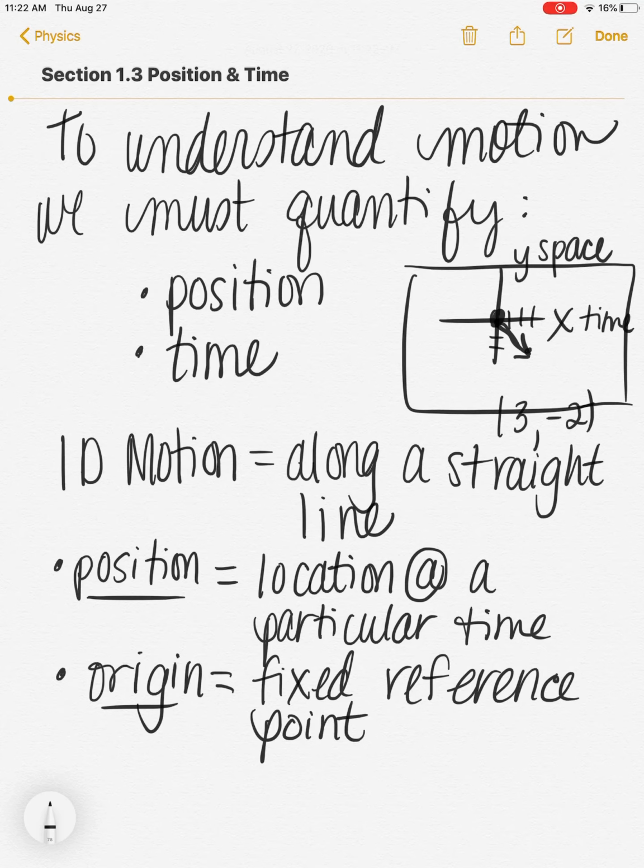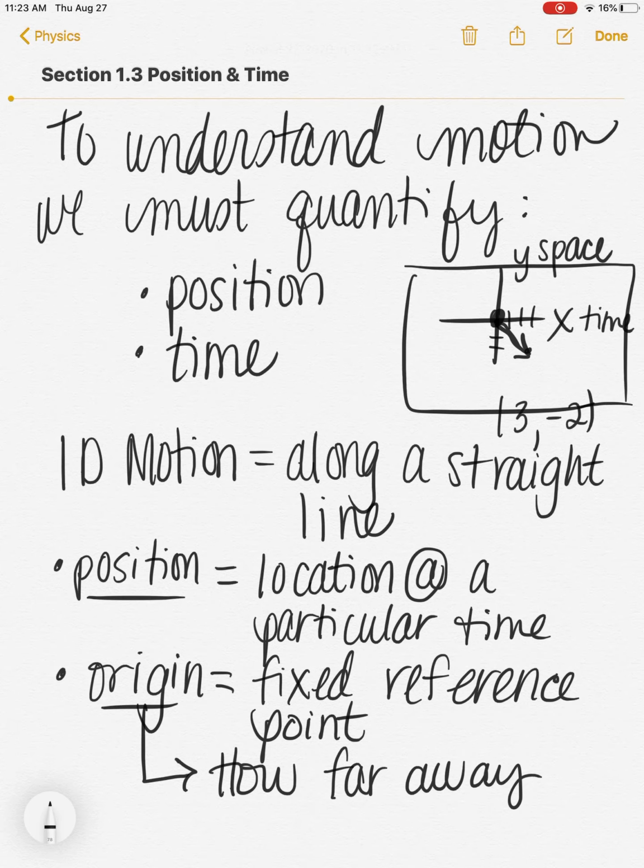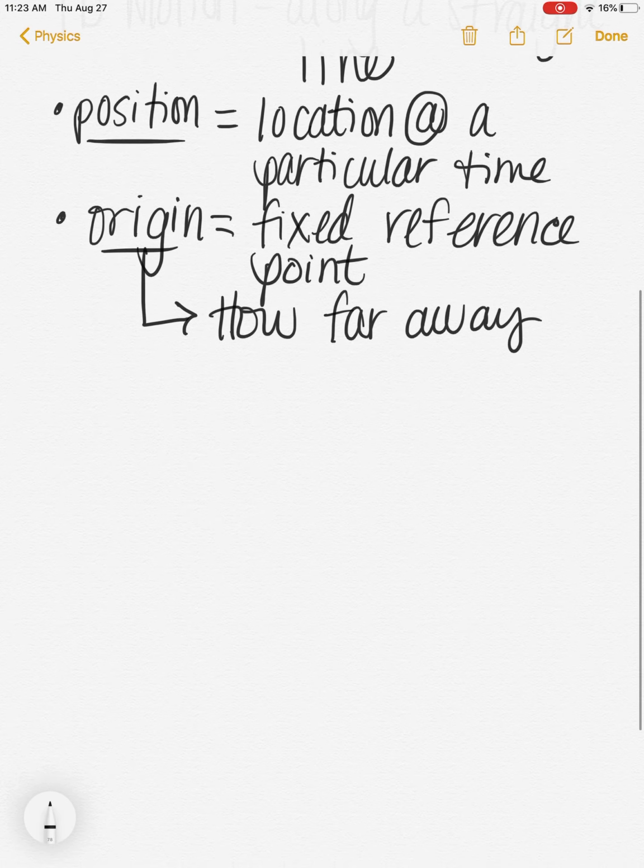A lot of times we define this as being the 0 point. You know, like in track and field, you have a starting line, and we would consider that to be point 0 or the origin, and everyone is supposed to run a set distance, like 100 meters, 200 meters from that point. This will help us to determine how far away an object is in its position.